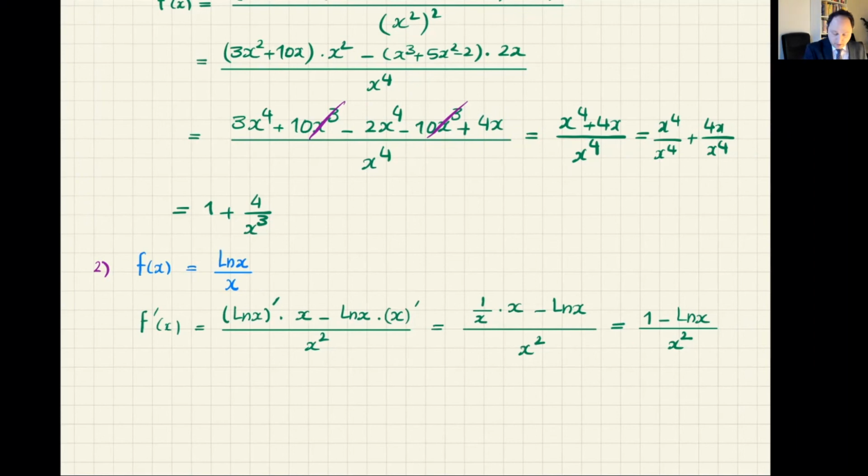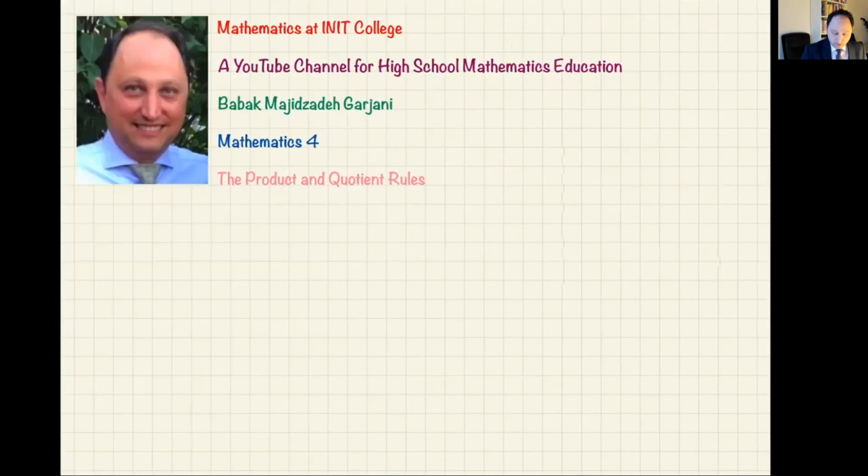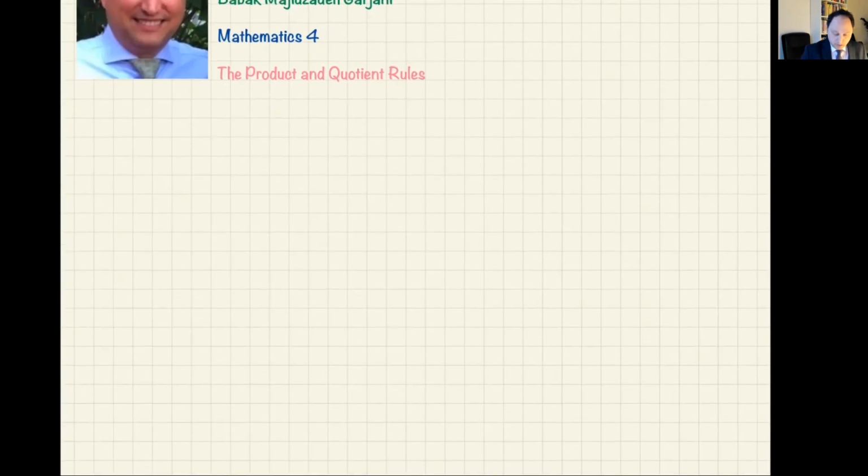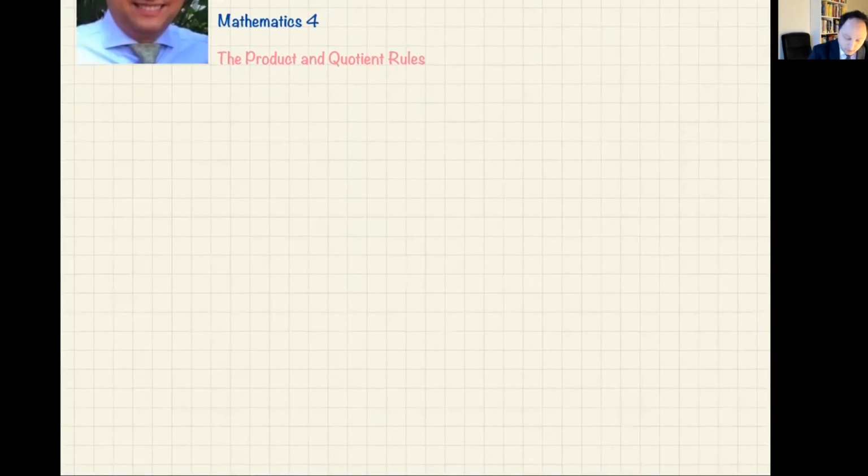I think it would be good to write everything in one place. So what we have learned so far, let me just summarize this. All of this information that I am writing will be given to you in the formula sheet. We have our function here and its derivative.